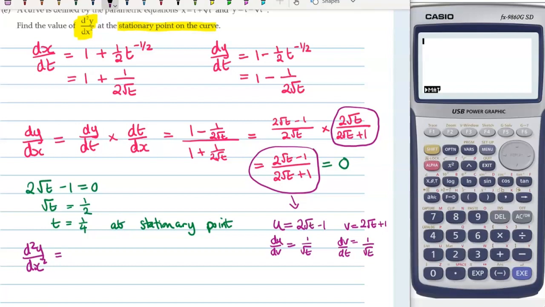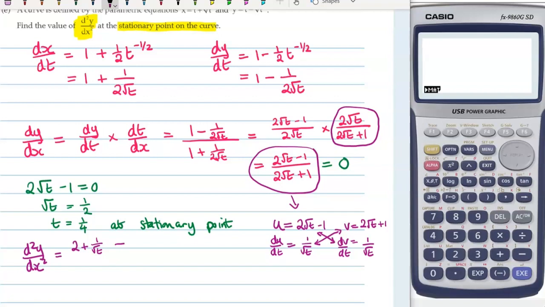Okay, so we start with v du by dt. Oops, that was supposed to be a t just there. So this one here, multiply those two together. So 2 root t times 1 over root t is just 2, plus 1 times 1 over root t. Then minus u dv by dt, so those two times together there.